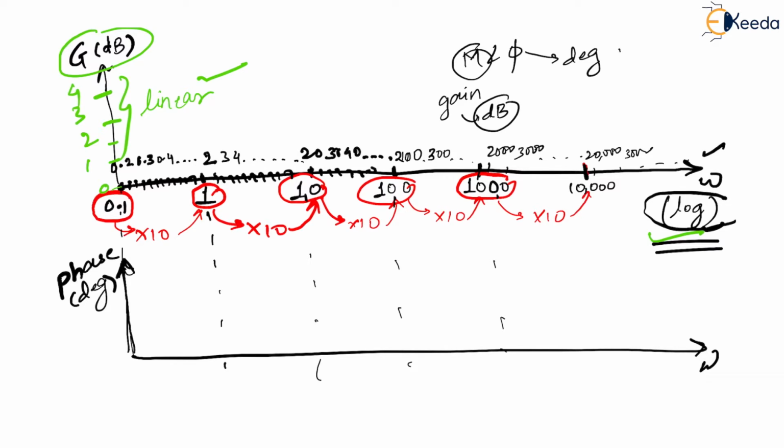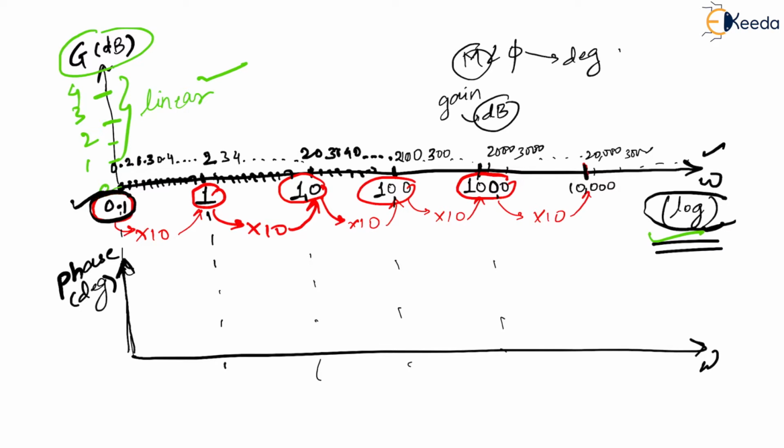So if you check out, logarithmic scale is the axis which will never start at 0. I have not started this axis at 0, rather I have started it at 0.1. Why? What is the need to start it at 0.1? Because of log 0.